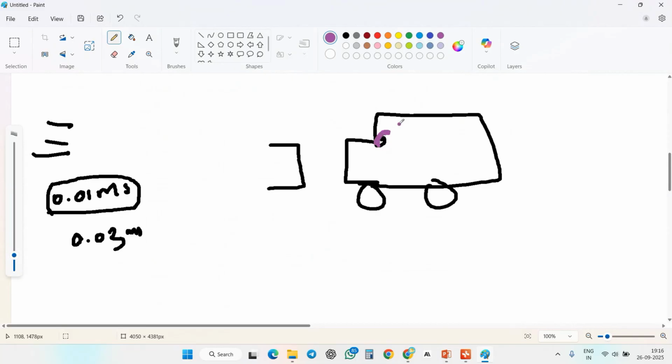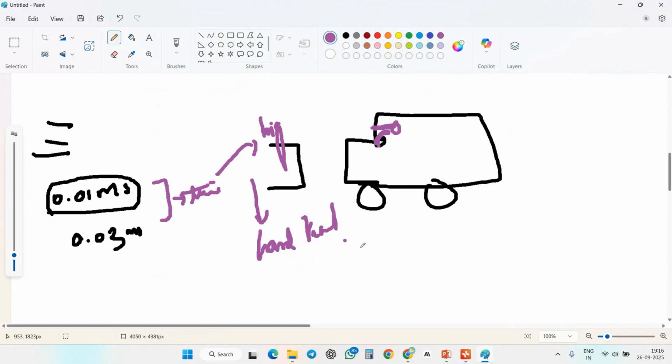At that time, the person inside will definitely get damaged. A disaster is going to happen to them. So this very small millisecond time duration causes a big disaster. This is called hard real-time.